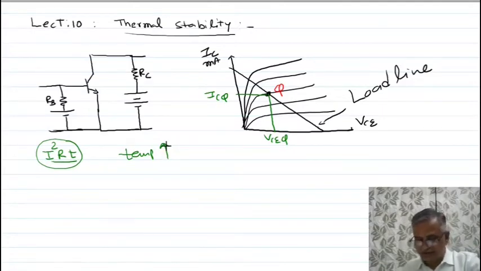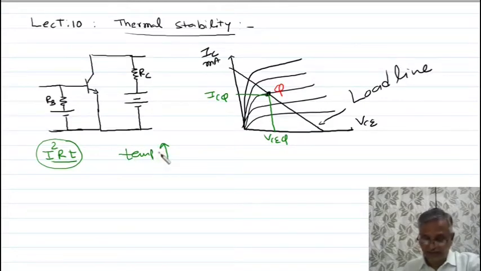So when the current I is passing through the transistor, then I squared R heat is produced. As a result, the temperature of the collector-base junction, or collector region, or transistor increases.